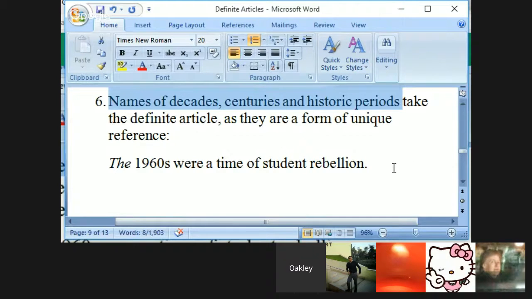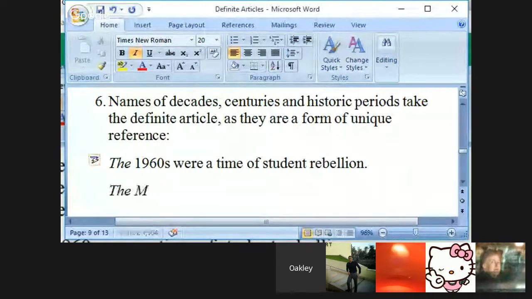Yes, exactly. We would always say, no matter how they spell medieval, you wouldn't say "medieval is the period," you would say "the medieval period is the period."